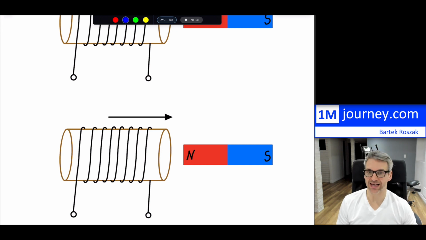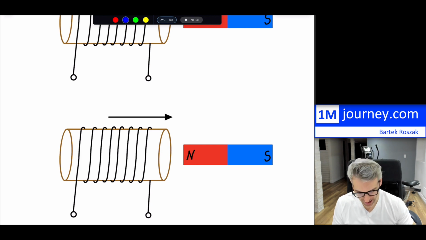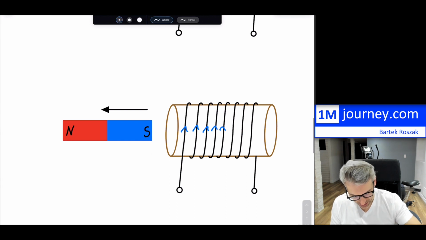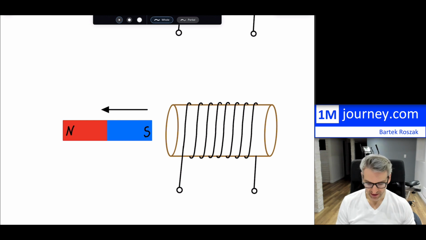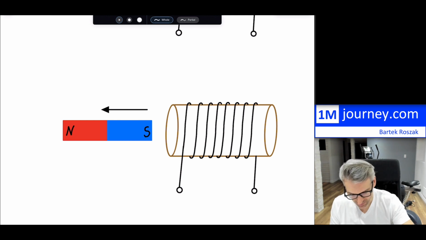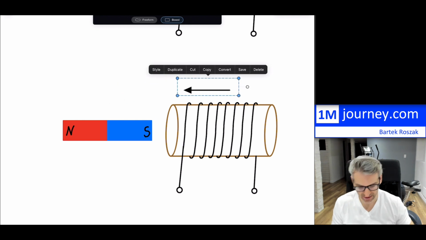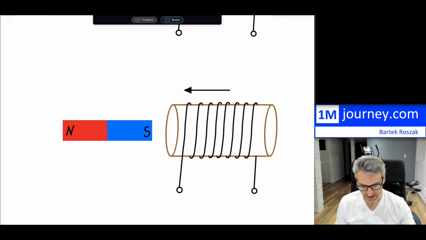And you can do exactly the same thing with the other side if you have south poles. So for instance, let me erase and remove this out of the way. Now, instead of moving the magnet away, let's imagine that we're trying to run the coil through.